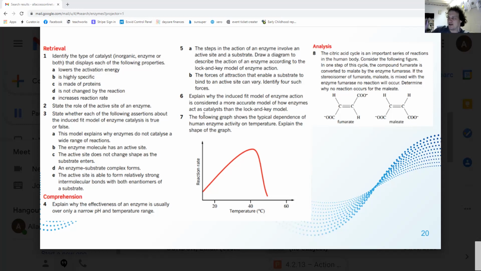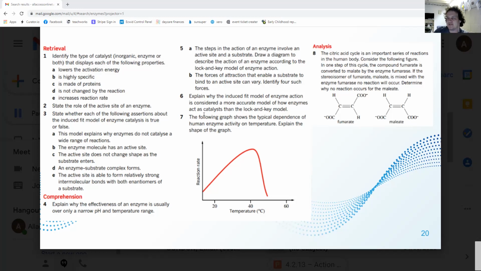So what we're doing is we're working through more and more complex questions. So why do enzymes only work over a relatively narrow pH range? Anyone know? It's like with temperature, it has to do with the shape of the active site.